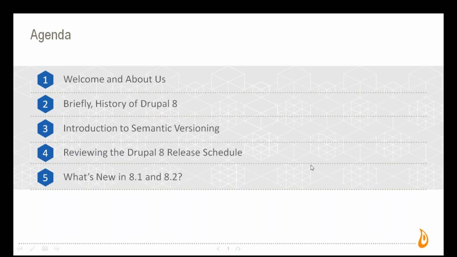We'll get into specifics by reviewing the Drupal 8 release schedule. And finally, I'll review some of the cool features we're seeing introduced to Drupal 8 through these minor version releases. Specifically, we'll try and look at some of the great new experimental features that were released in 8.2 last month. And then we'll wrap up with some time for questions.